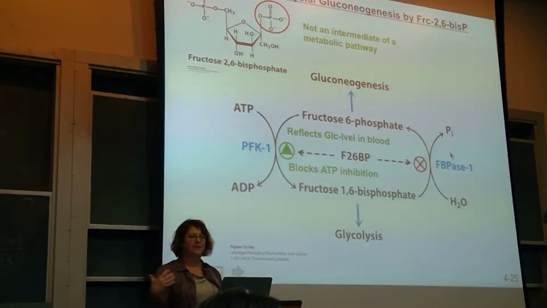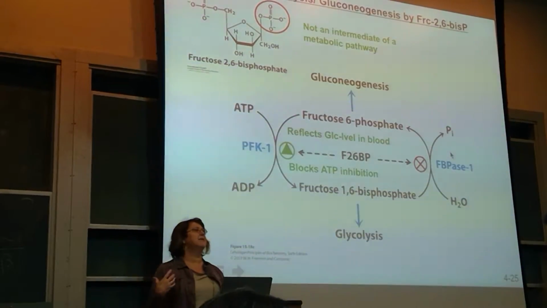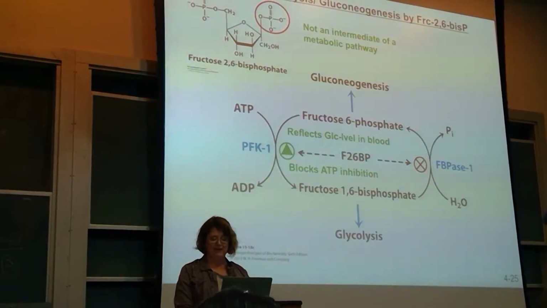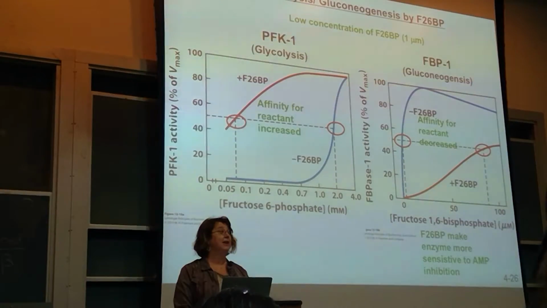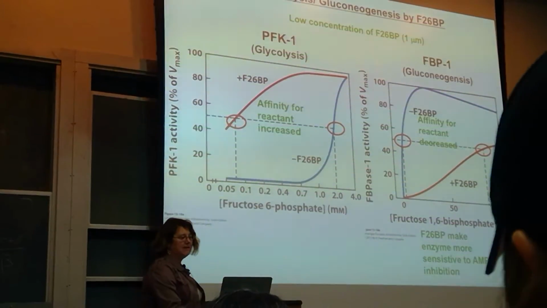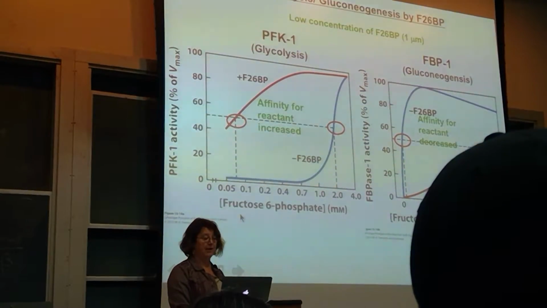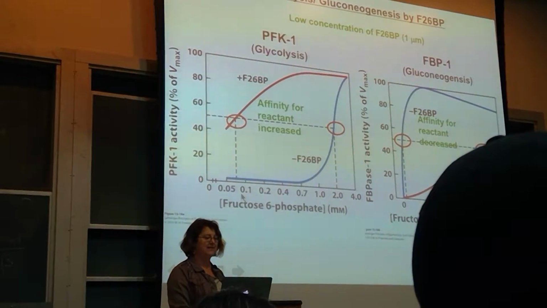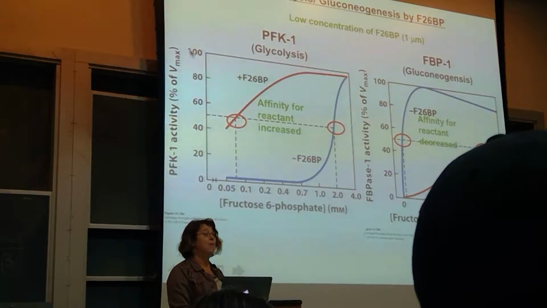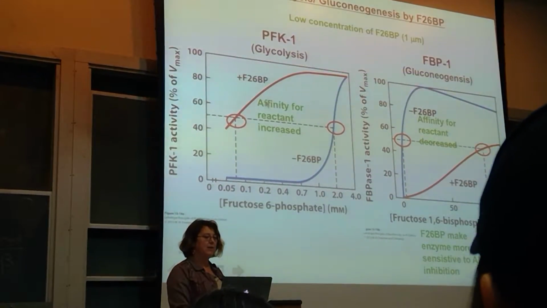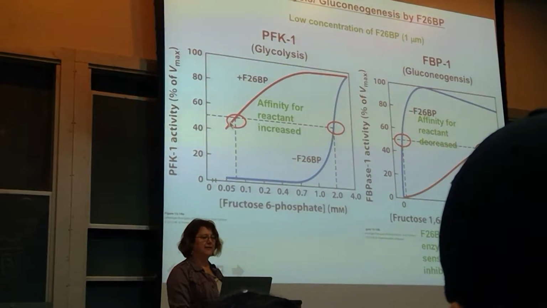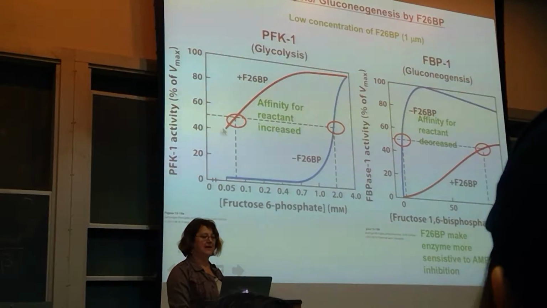So we had this theme of allosteric regulation, and here we have it again. So in this case, you're looking at the influence of the substrate, fructose 6-phosphate, on the PFK1 activity. And when you have this allosteric effector, right, it's increased significantly.